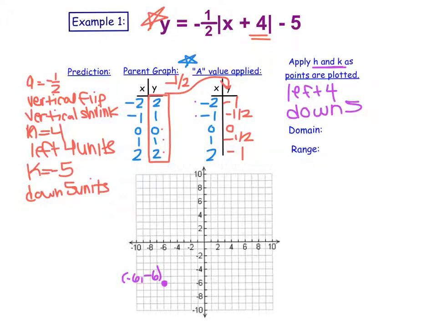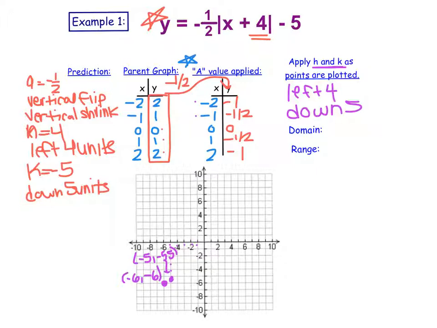Then I go to this next point here, which is -1, -1/2, and I go to the left 1, 2, 3, 4, down 1, 2, 3, 4, 5. So that one's right snuck in there. And that's the point x is -5, y is -5.5. So just kind of pretend you can sneak that in there.